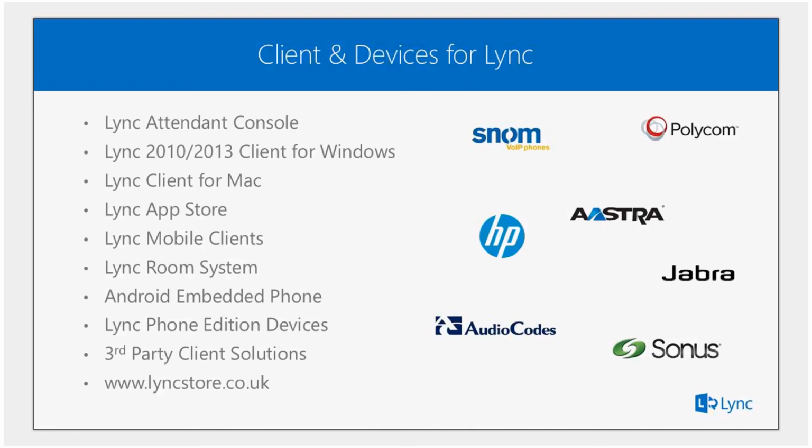And the mobile clients I mentioned are available on major mobile platforms, which are Android, Windows, and iPhone, but not available on BlackBerry. Android embedded phone is a new feature that we've just seen. It's someone pushing the boundaries where they've taken the client that's available for Android mobile phones and they've actually put that into a desk phone.